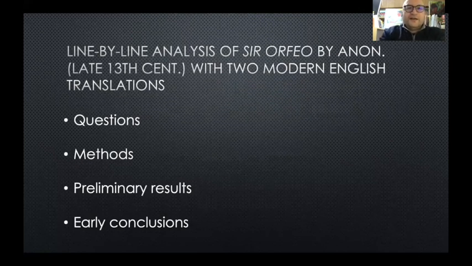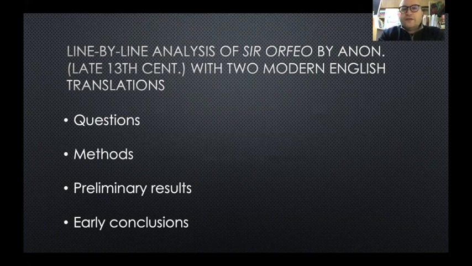So I did a line by line analysis of Sir Orfeo, which is an anonymous Middle English Breton lay published probably in the late 13th century or early 14th century. And I looked at it alongside two modern English translations. One I already mentioned was Tolkien, and that's the main interest.